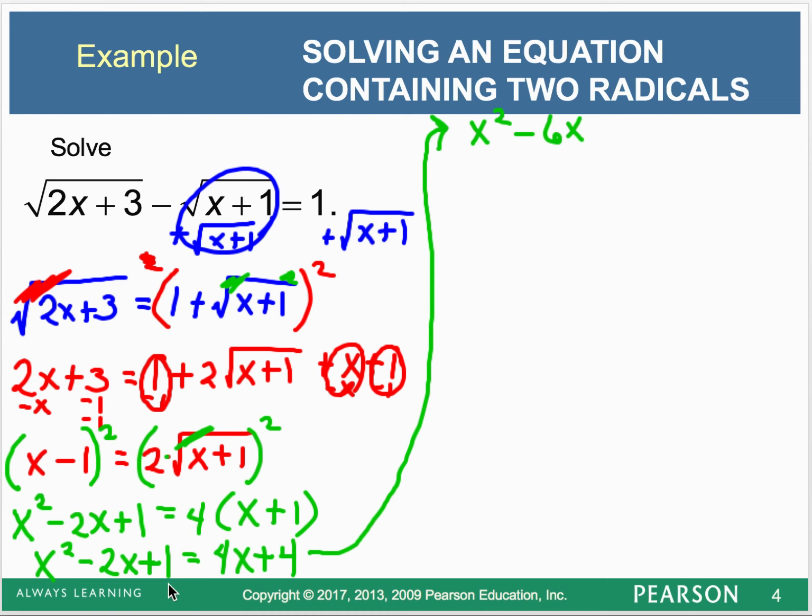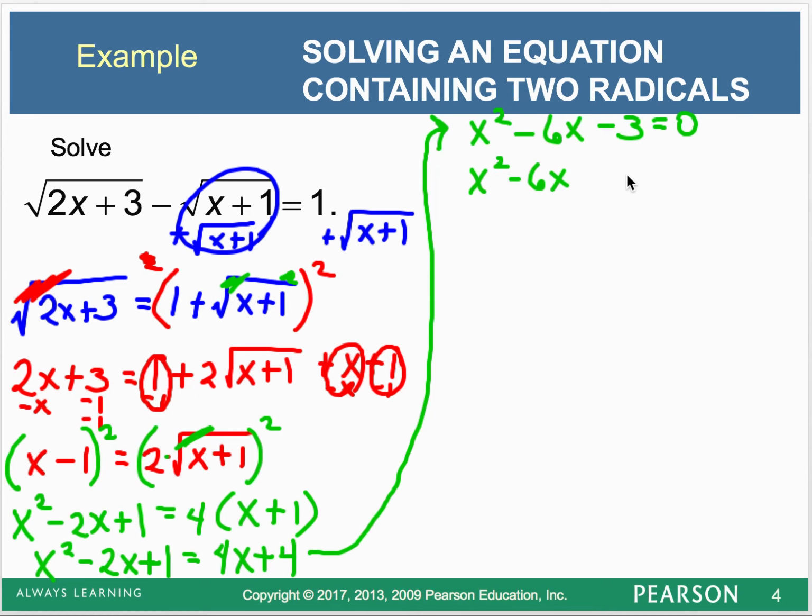Subtract 4 from both sides will give minus 3. And I notice it doesn't factor. There's not two numbers that multiply to give negative 3 and add to give negative 6. Okay, I'm going to complete the square. You could use the quadratic formula if you want, but completing the square would be way easier.